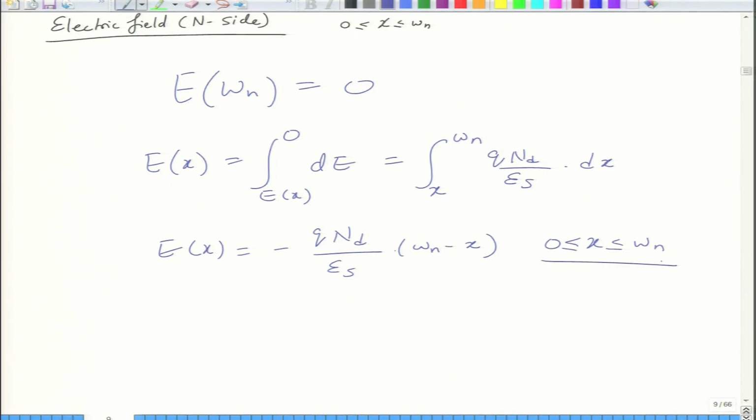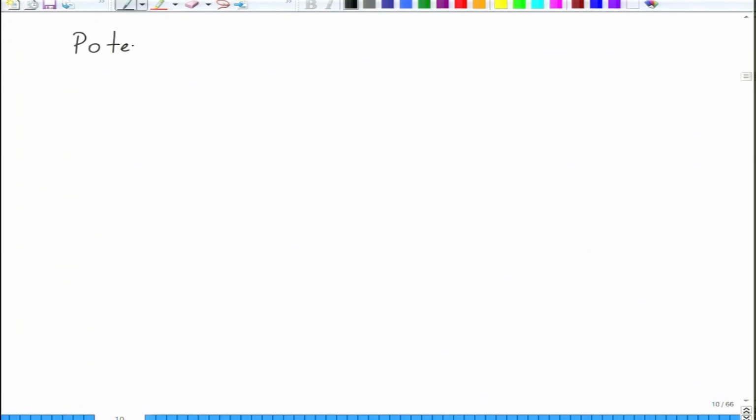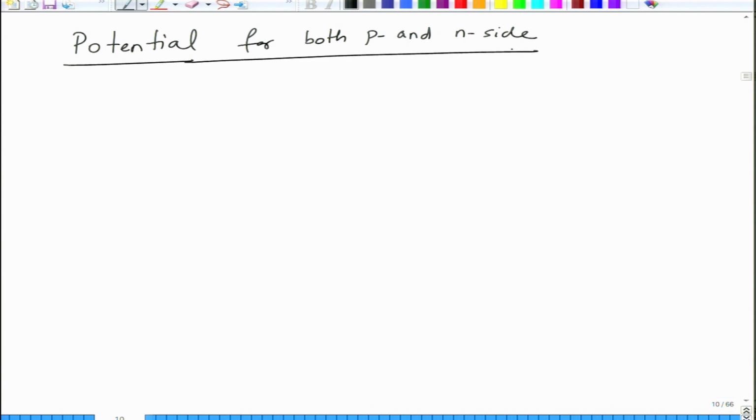So, this is how we calculate the electric field, and next we look at the potential across the depletion region, from the edge of the depletion region on the p side to the edge of the depletion region on the n side. We know that d phi by dx is equal to minus E(x), and again you can do this by integrating.